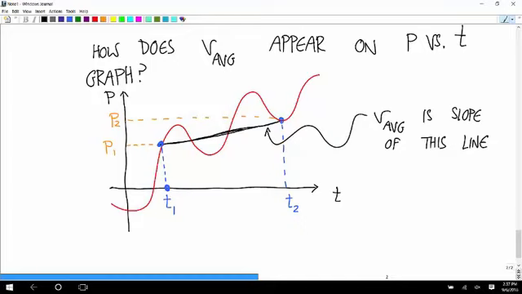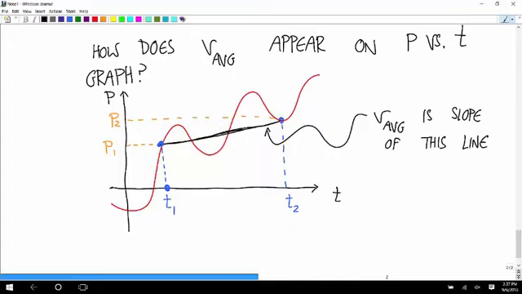Okay, so you can see on a graph, you can see the average velocity as the slope of that line. And if that slope is counterclockwise from the horizontal, like it is in this picture, then that slope is positive.